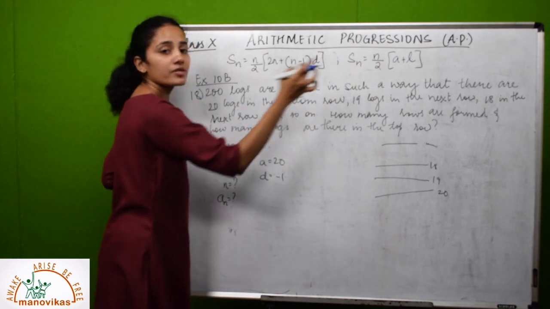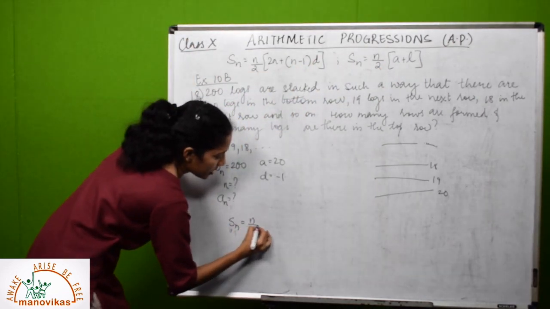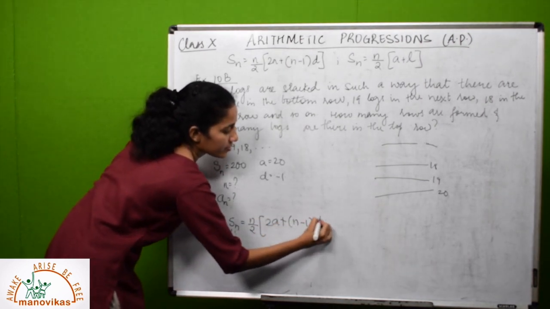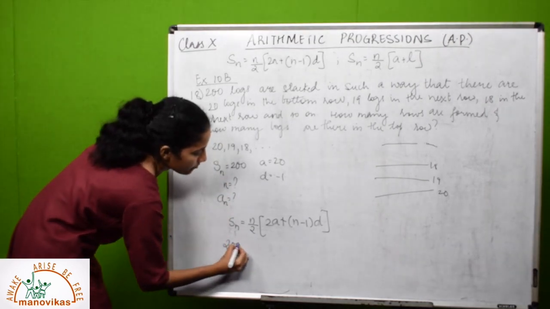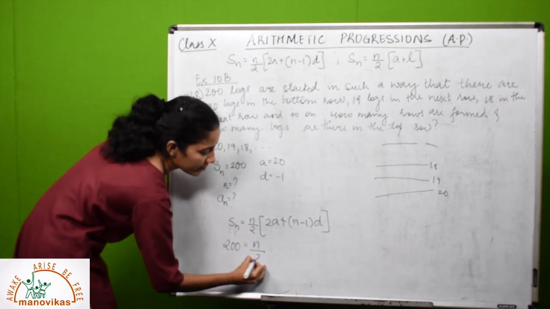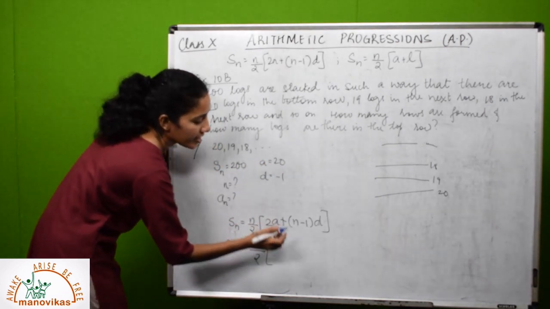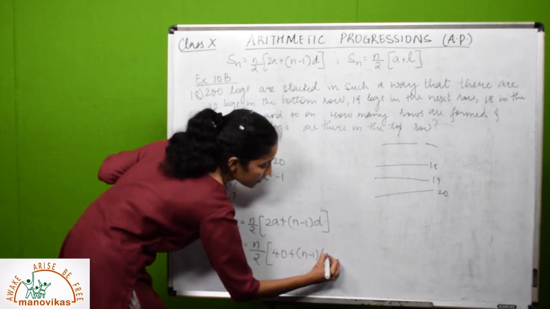We cannot take this one because we do not know the last term. So Sn is equal to n upon 2, 2a plus n minus 1 times d. Sn is nothing but 200. N we do not know, so we leave it as it is. 2a, a is 20, multiplied by 2 is 40, plus n minus 1 times negative 1.